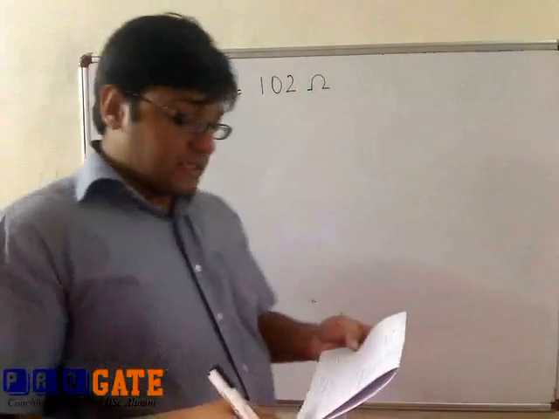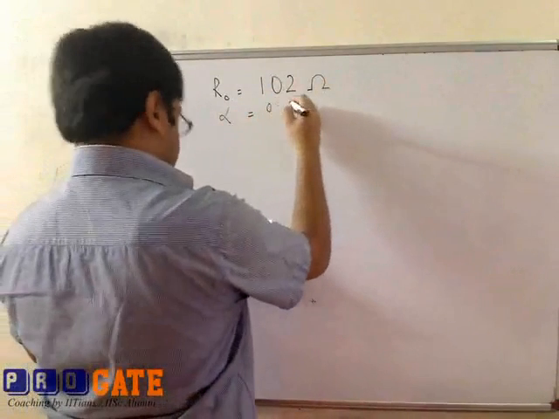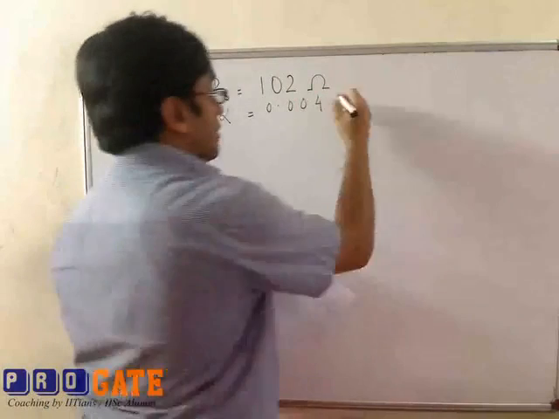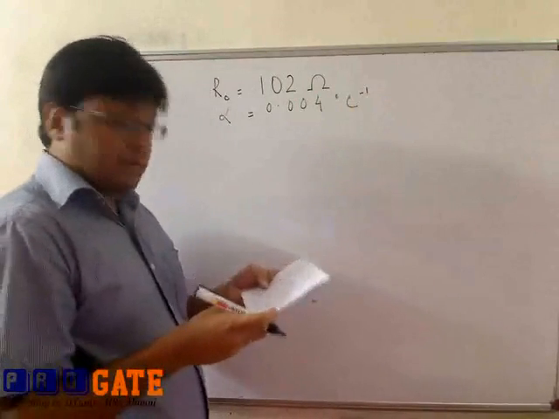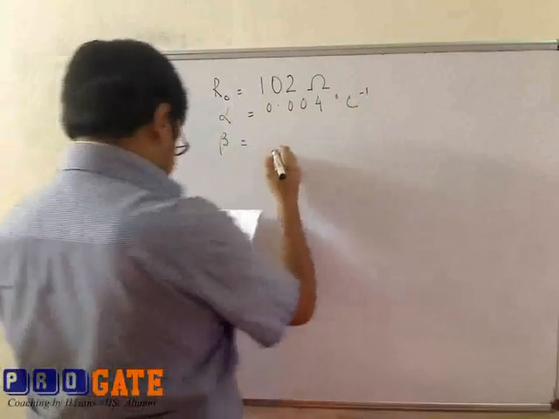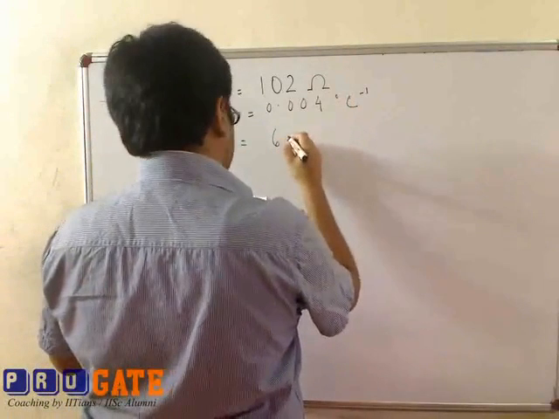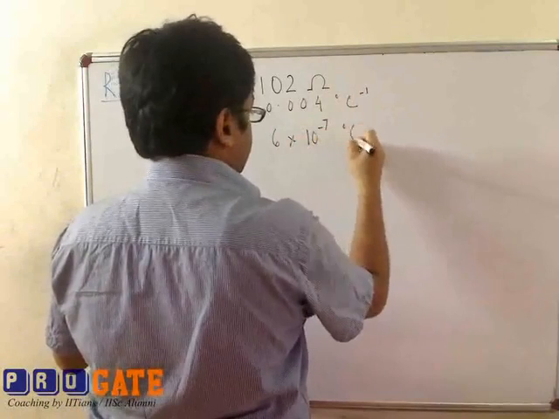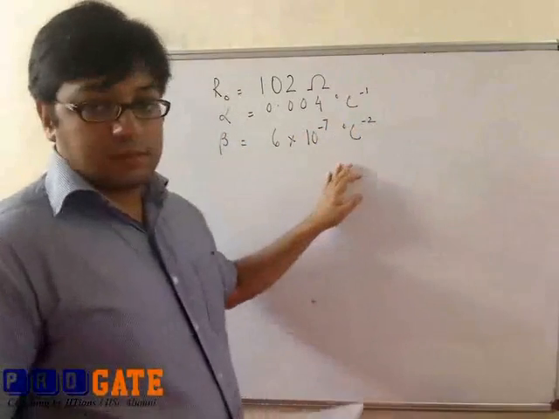Its value of alpha is given as this, and the value of beta is given as this.